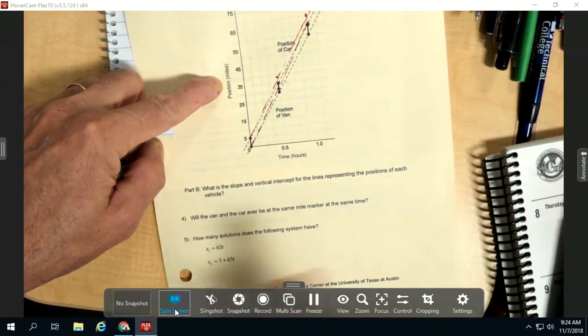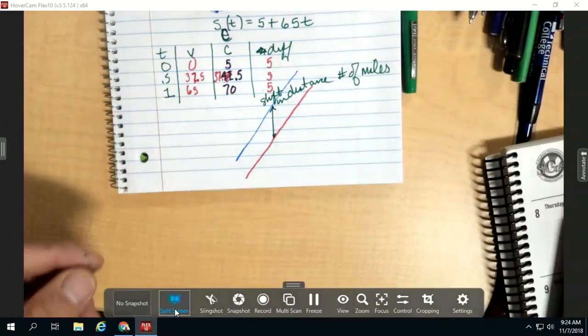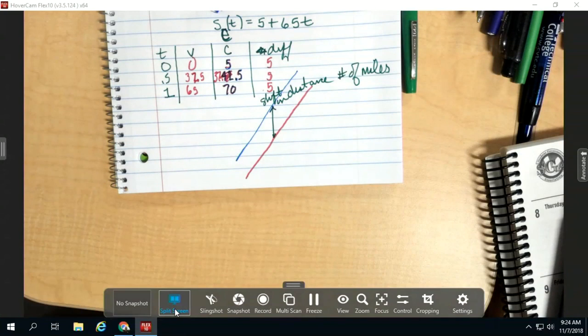Number of miles. Is there another way that we could have talked about those two lines and the car and the van? What else could we have said? They are blank minutes apart, right? They are blank minutes apart.